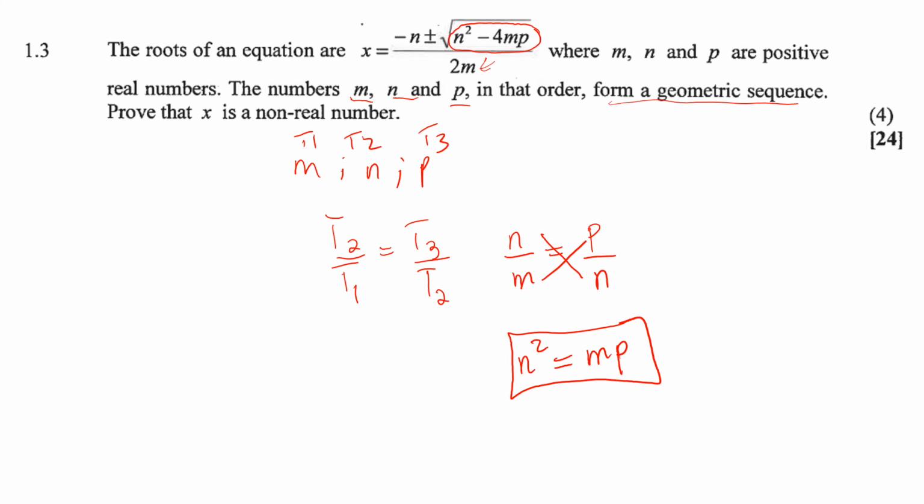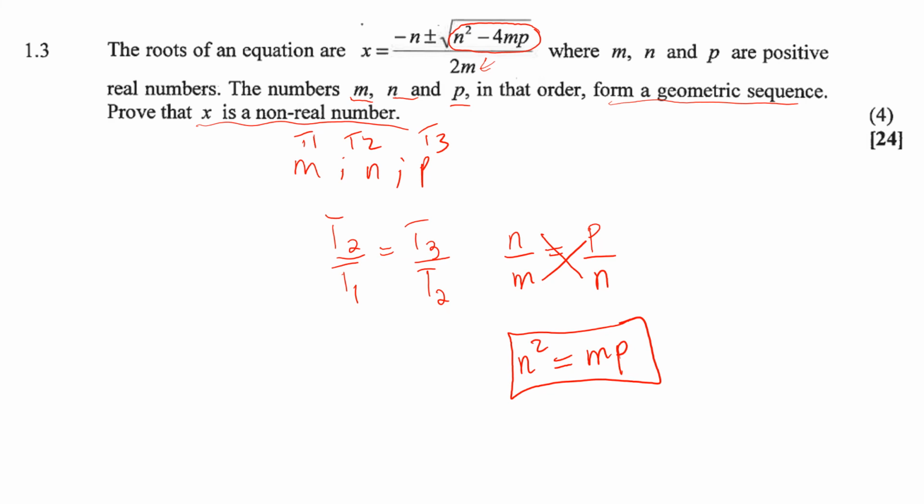Now, to prove that x is actually a non-real number, we said you can basically prove that m is 0. In this case, it's not really possible for you to prove that m is 0 because you don't know the values of p and n, right? So it's going to be hard. So basically, we can prove that the root is actually less than 0.